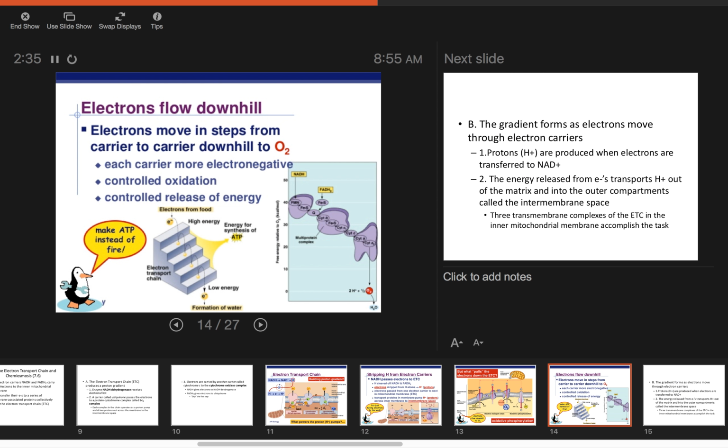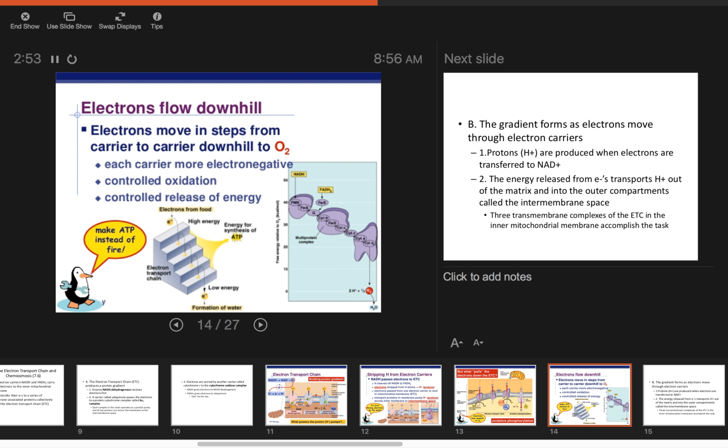So electrons flow downhill. In reality, if you were to look at energy level, according to this free energy, there are actually a lot of other enzymes involved that you don't need to memorize, just the big ones. These electrons are literally just being shuttled through.